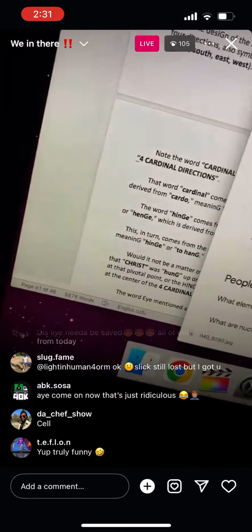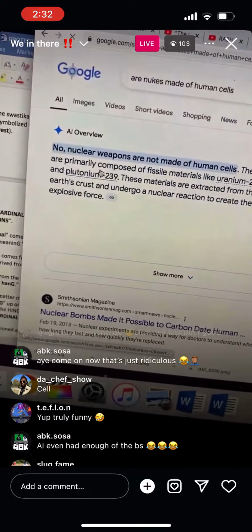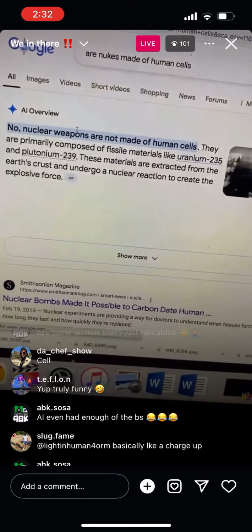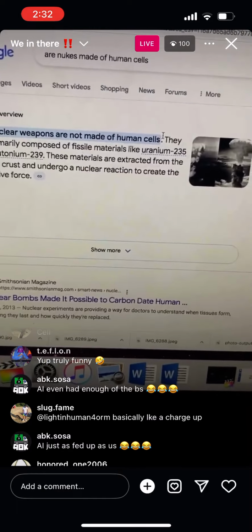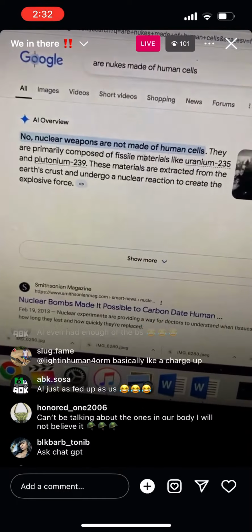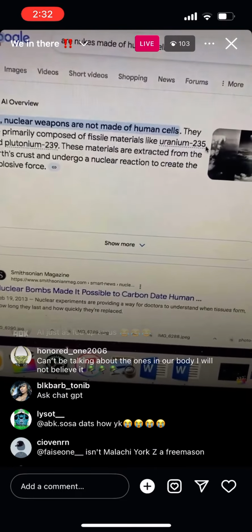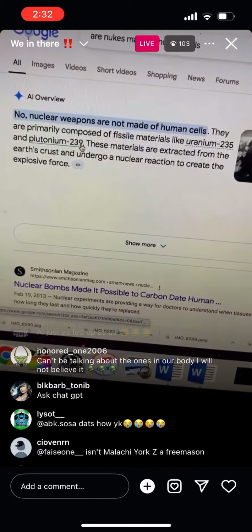Are nukes made of human cells? No. Nuclear weapons are not made of human cells. They are primarily composed of fissile materials like uranium-235 and plutonium-239.